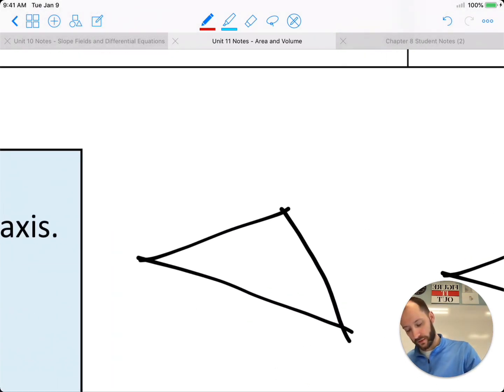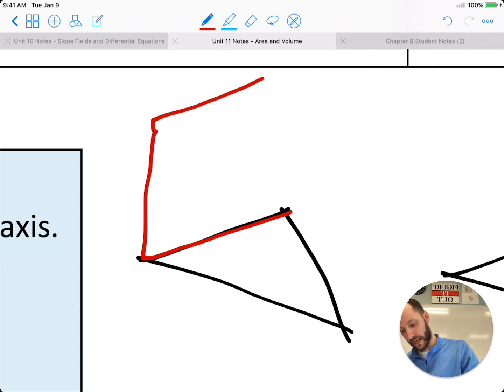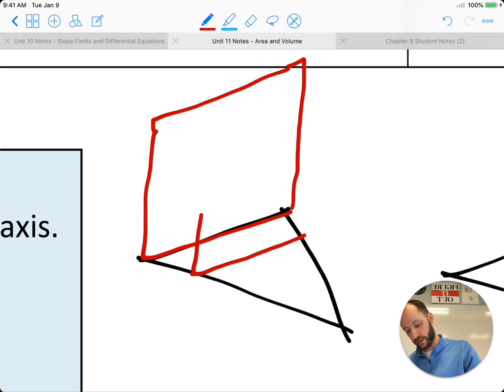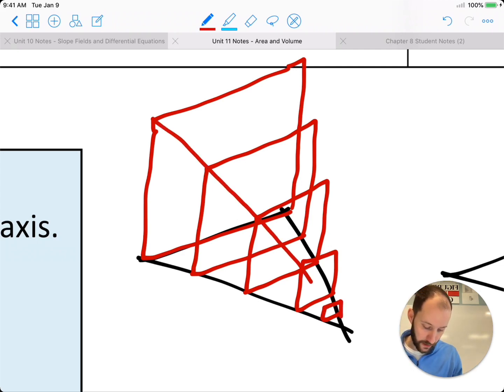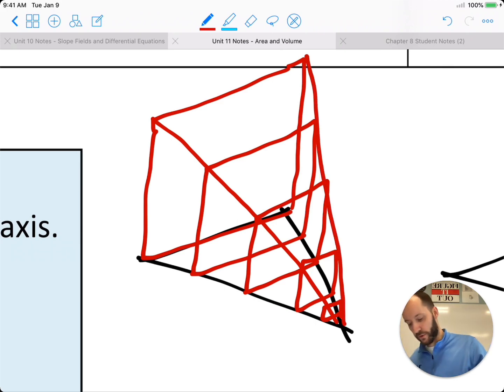So a square has the base and height that are equal. There's another square here, base and height are equal. Another one here, base and height equal. Another one here, base and height are equal. And eventually, this object is a kind of pyramid-looking shape, okay?